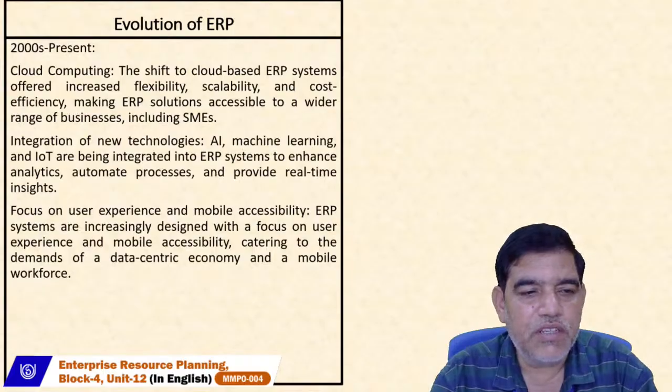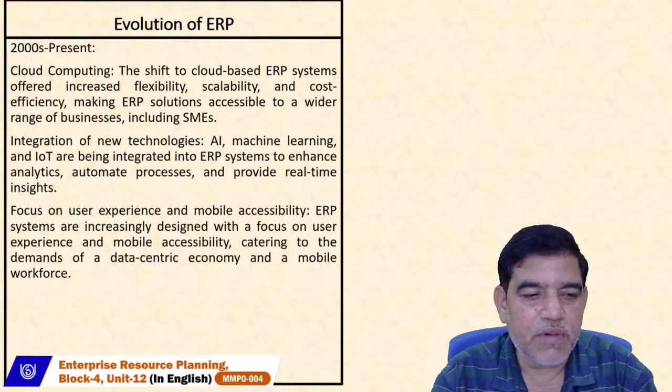The ERP focuses on the user's experience and mobile accessibility. ERP systems are increasingly designed with a focus on user's experience and mobile accessibility, catering to the demands of a data-centric economy and a mobile workforce.